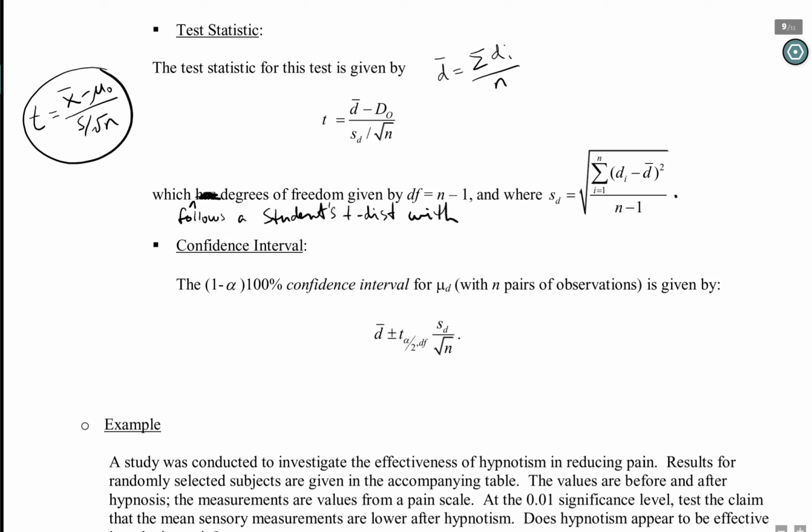Now, if the sample sizes are large, or if the number of pairs is large, then you can use the standard normal distribution as your test statistic.